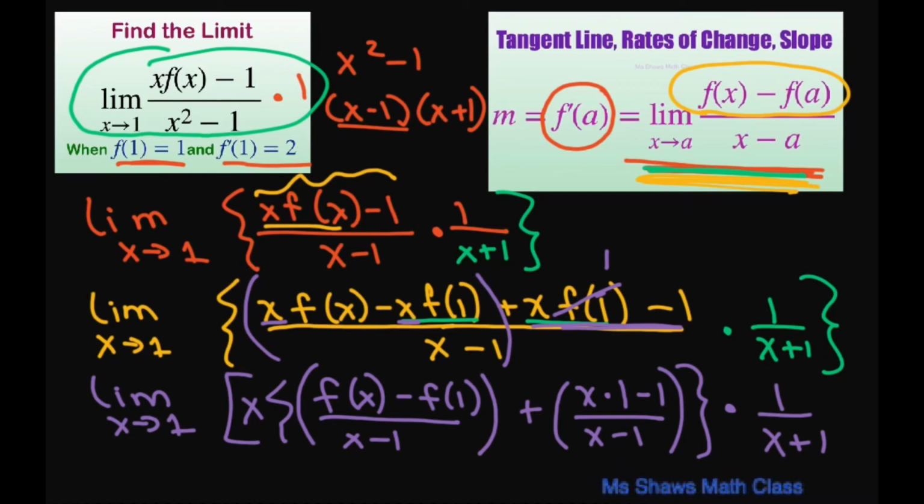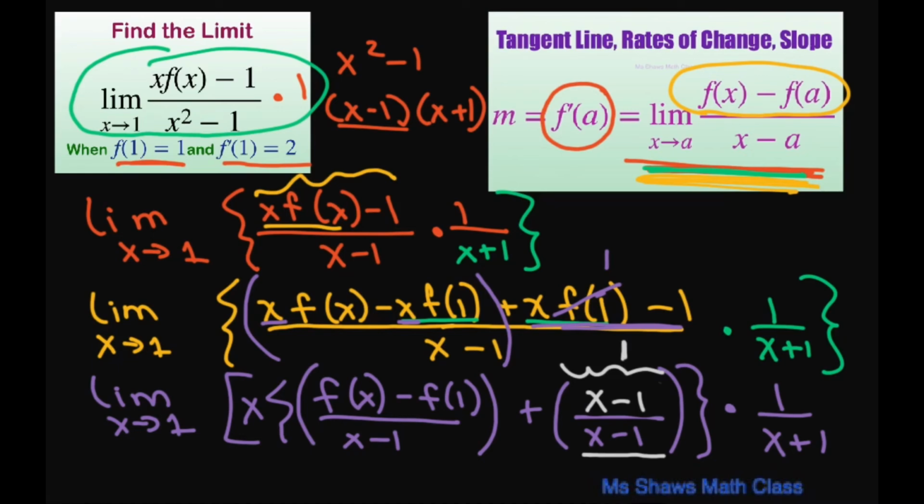A lot of little tricks here. Now, before I move on, because I don't want you to lose it, what is this really here? This is going to be x minus 1, because x times 1. That's just going to be x minus 1 divided by x minus 1, so this whole thing is going to equal 1.